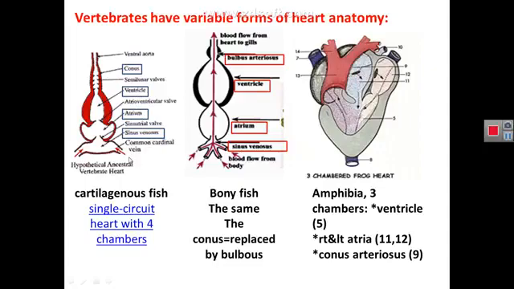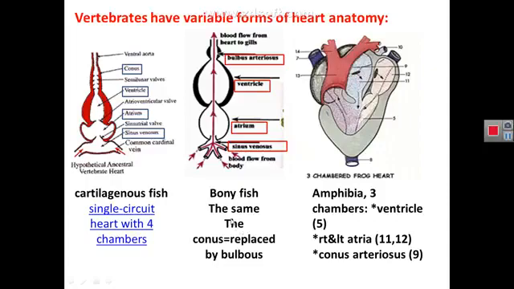Of course, the venous blood reaches the heart via the horns of the sinus venosus, and from the sinus venosus the venous blood reaches the single atrium, which pushes the blood toward the ventricle, and the ventricle pushes the blood toward the last part of the single tube heart, which is the conus, which represents the outflow of the single circuit heart, and from this conus to the aorta, to the blood vessels.